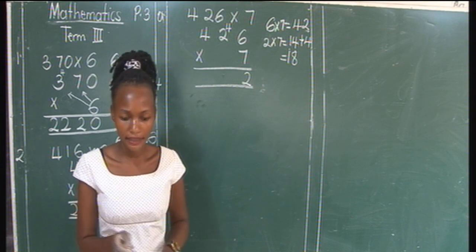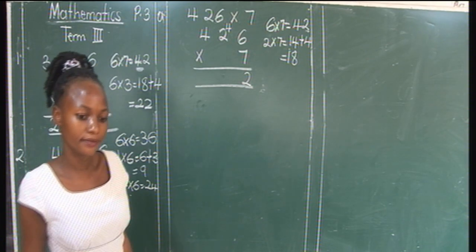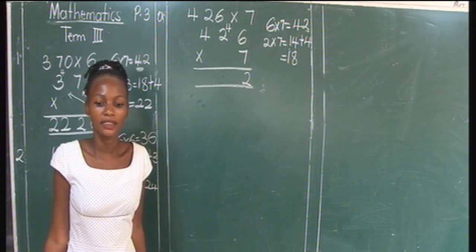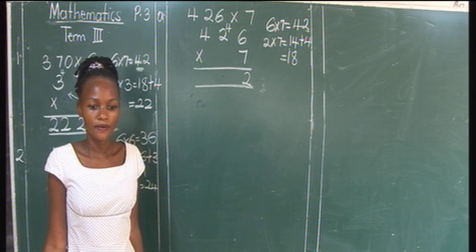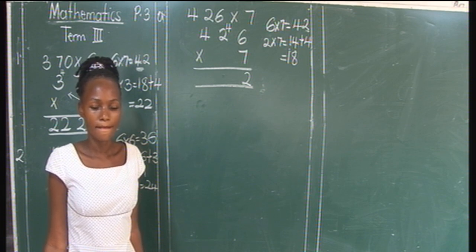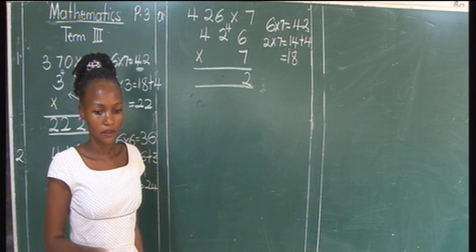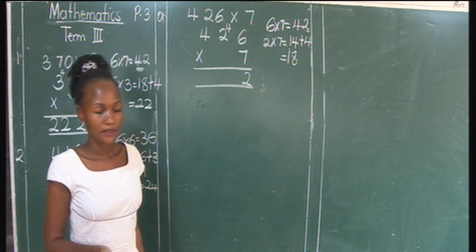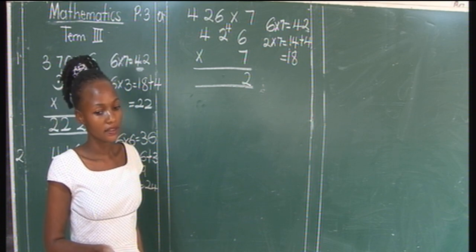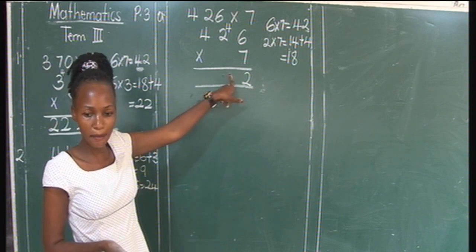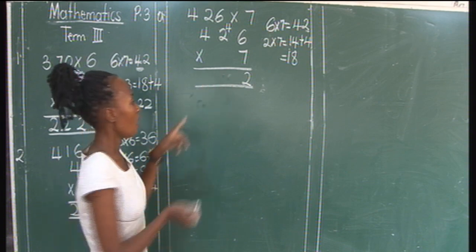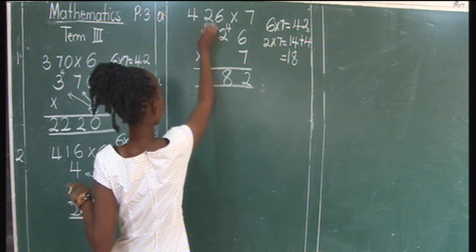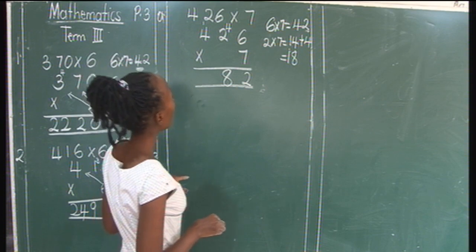Yes, Leah? We are going to put the smaller place value down. Which number should I write here and which one should I carry? I write 8, then we carry 1. Okay, thank you.